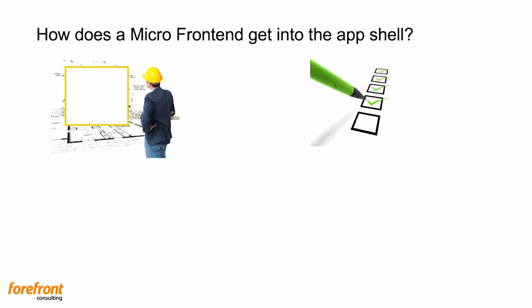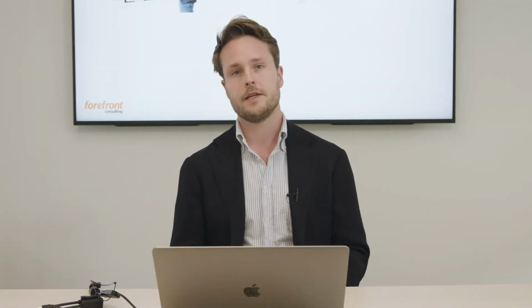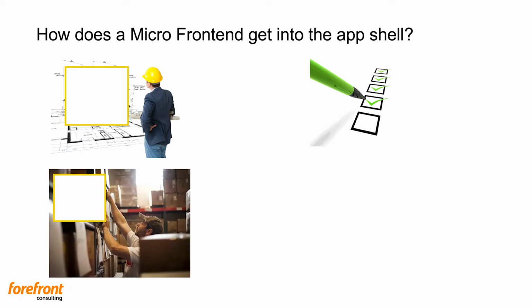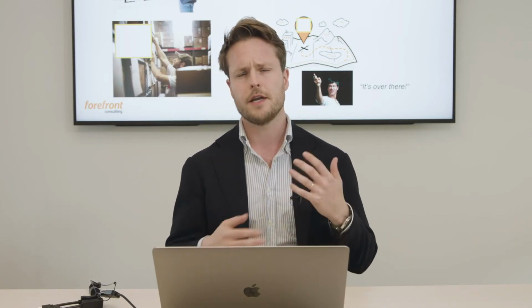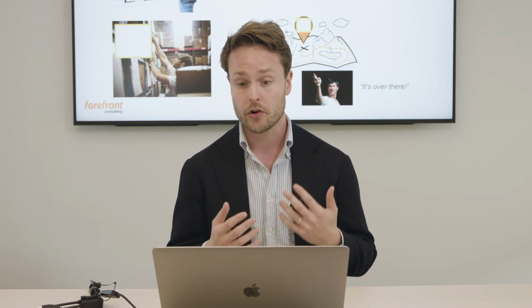We do our various checks, running our unit tests and so forth, and making sure that it's built correctly. When it's built correctly, we can put it somewhere. We're putting it in some kind of storage. And once it's been put into storage, we can point to its location. Here we're using a kind of map to point the way to where it's placed. But this is a high-level overview of how it works.